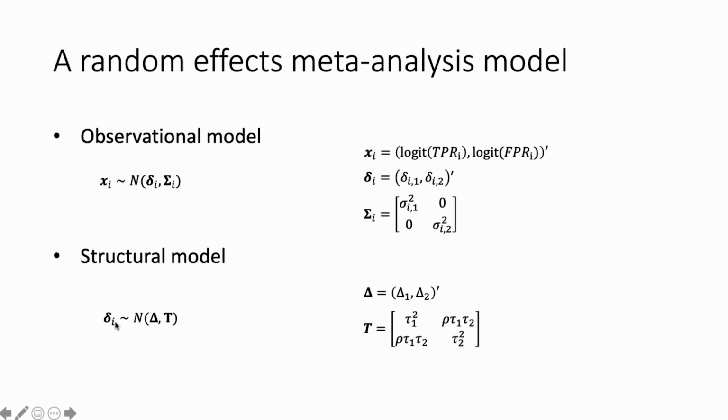And the goal of the meta-analysis is to estimate this mean vector delta and this between-study heterogeneity parameter, because we have a bivariate problem. We have 2 quantities, and instead of a single heterogeneity parameter, we have a 2x2 matrix of variances and covariances at the between-study level.